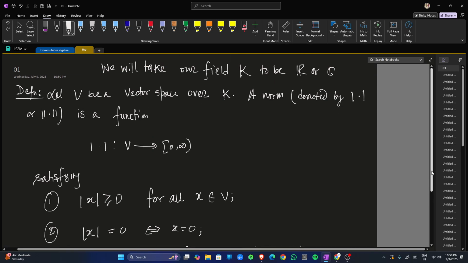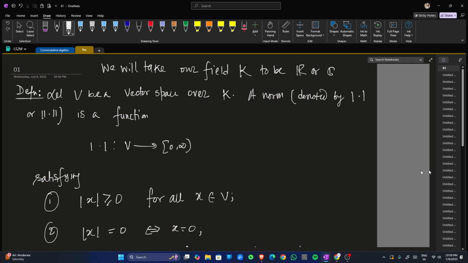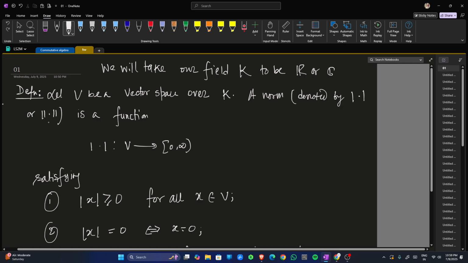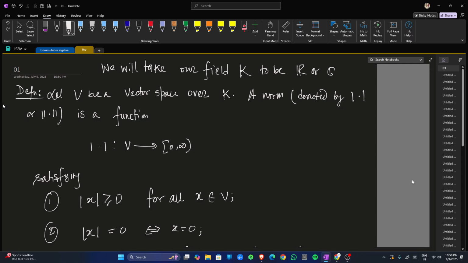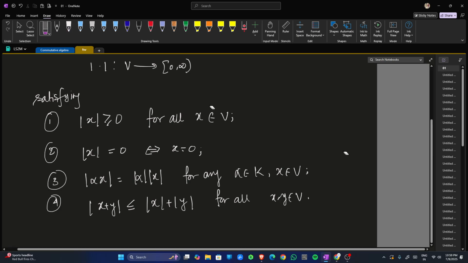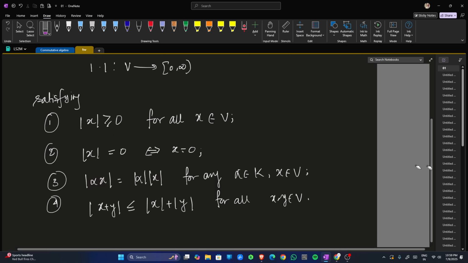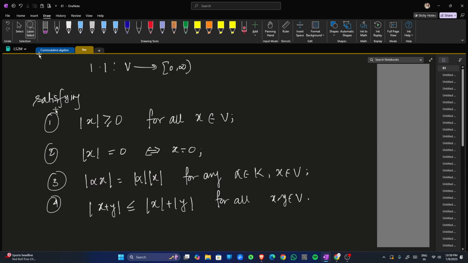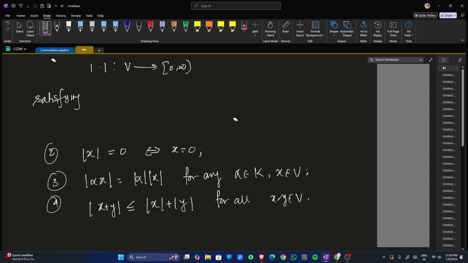Whenever you learn functional analysis, mostly you will see this for the norm on any vector space, and this for scalars, like the modulus of alpha. I guess you don't need to write the first condition because you have already restricted the domain. Yes, that's superfluous, you don't need to write something like that.